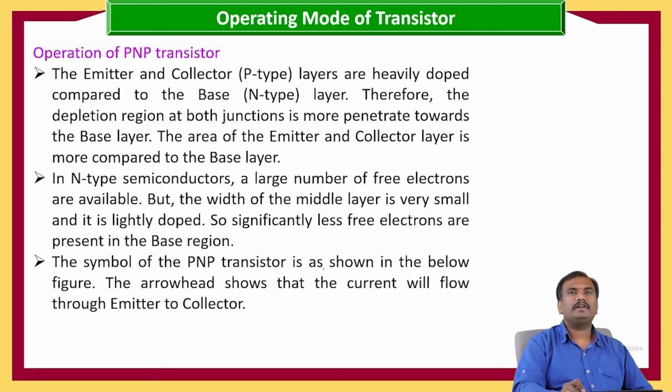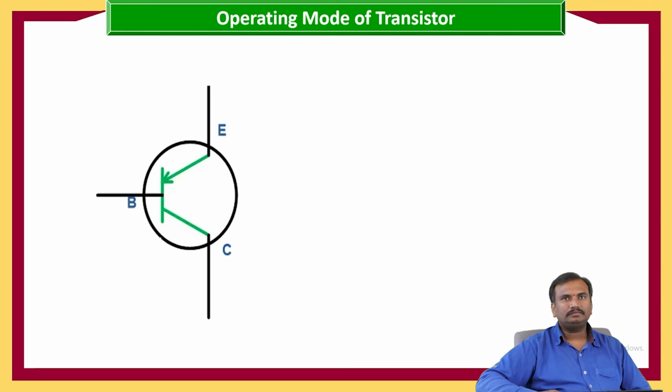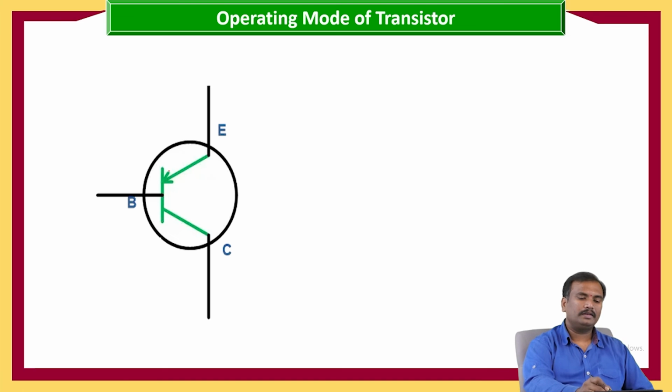The symbol of the PNP transistor is as shown in the figure. The arrowhead shows that the current will flow from emitter to collector. This is the PNP transistor, and the current flow will be from emitter to collector.